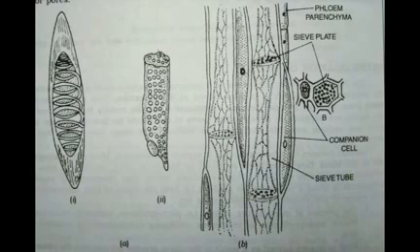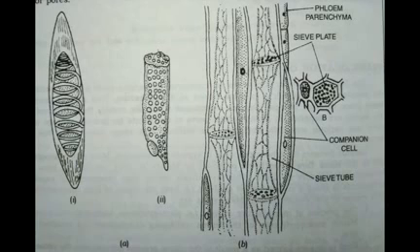Similarly, phloem consists of sieve tubes, companion cells, phloem fibers and phloem parenchyma. Sieve tubes help in the movement of food materials. These are elongated cells placed end to end. Now, their end walls are oblique with a large number of pores.